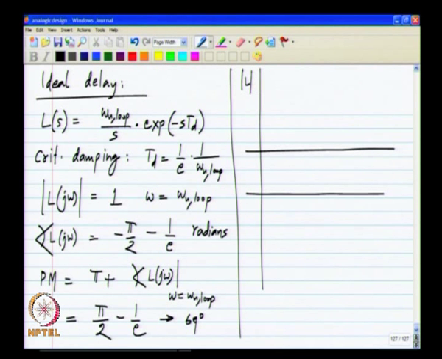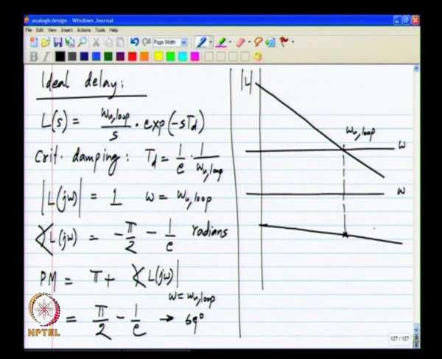The magnitude of L, in this case it simply goes off as minus 20 dB per decade, and it crosses unity at omega u loop, and the phase, it starts from minus pi by 2 at very low frequencies. Keep in mind that this is on a log omega scale, so we cannot show 0, and then the phase goes down linearly. Okay.